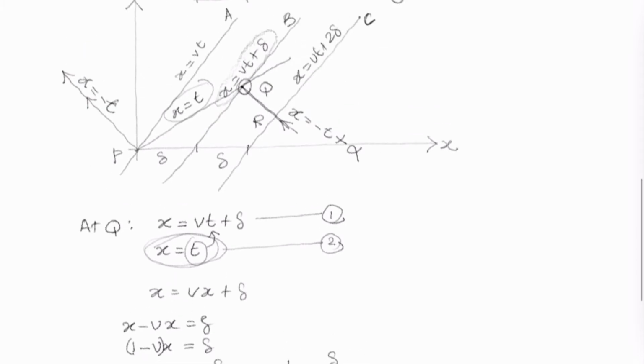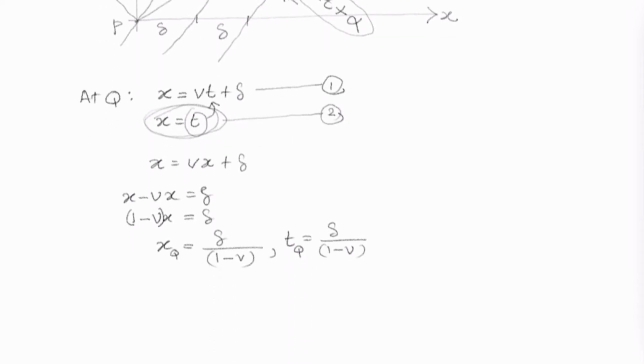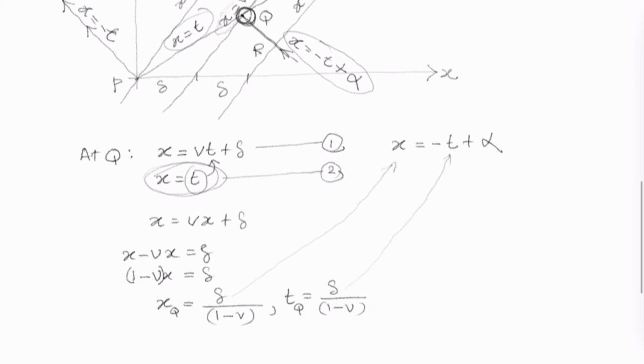Now, x equals minus t plus alpha also goes through this point Q. So substituting the coordinates of Q, we can find alpha. Delta over 1 minus v equals minus delta over 1 minus v plus alpha, so alpha is 2 delta over 1 minus v.